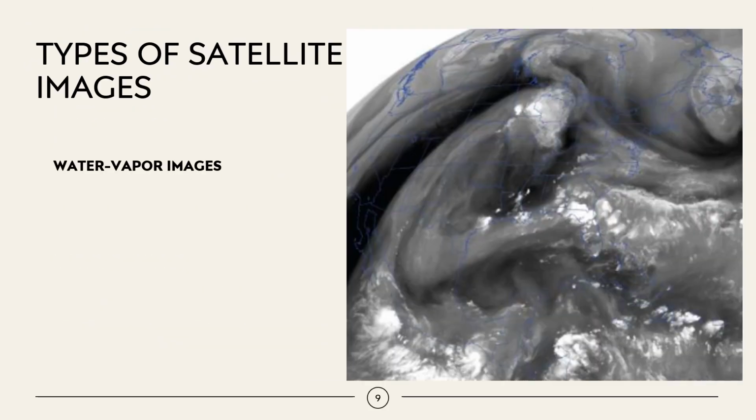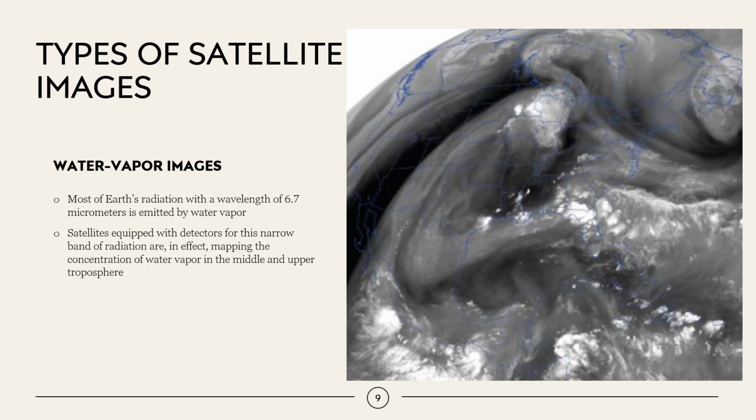Another type of satellite image is the water vapor image, as shown in this picture. Most of Earth's radiation with a wavelength of 6.7 micrometers is emitted by water vapor. And satellites equipped with detectors for this narrowband radiation are in effect mapping the concentration of water vapor in the middle and upper troposphere.